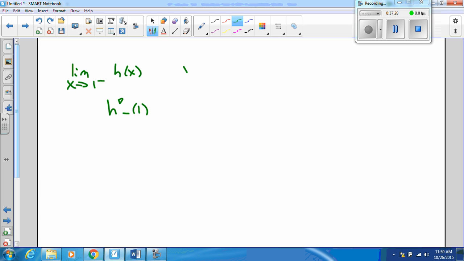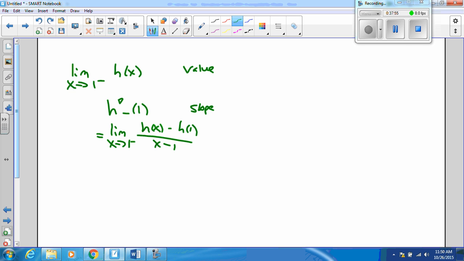So this is a function value, and this is a slope. Those two are really different quantities. What is confusing about them is that I compute this one with a limit, but it's not the limit of h, it is the limit of the average rate of change of h. You see it?